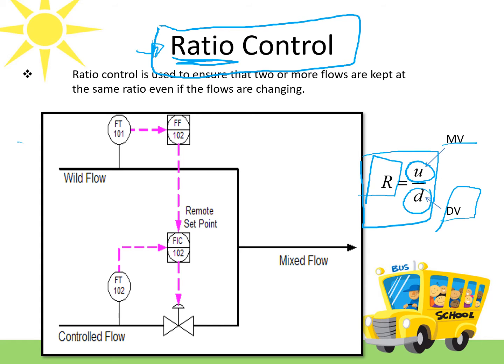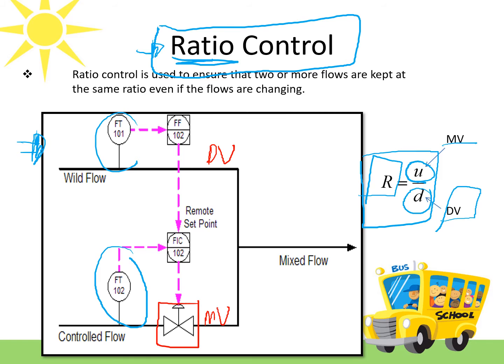So this is how you construct or draw the ratio control loop, where you need to measure both the disturbance and the manipulated variable. Which one is the disturbance and which one is the manipulated variable? This is your disturbance variable and this is your manipulated variable, because you have your final control element here, which is the control valve.